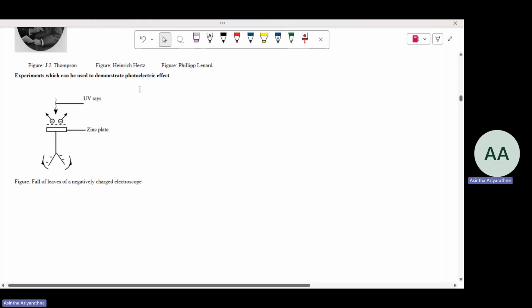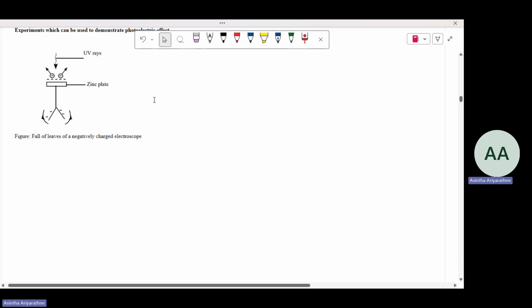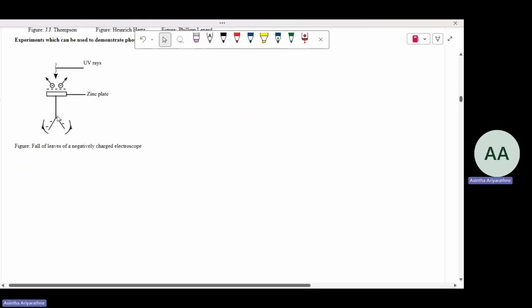This is a small experiment which can be used to measure the photoelectric effect. Here is a device called an electroscope. Here they have two leaves, and this is a zinc plate. UV rays are allowed to fall on this zinc plate, which is a metal.